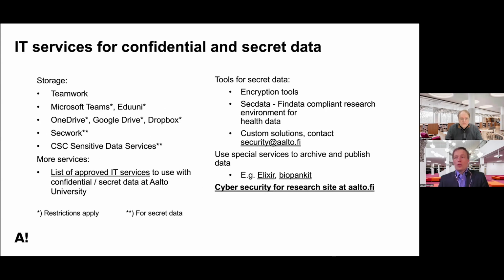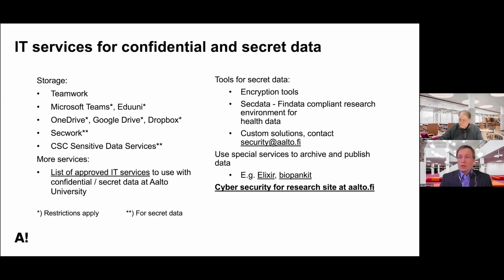So what can we do at Aalto if we are dealing with confidential and secret data? We have a list maintained by the cybersecurity team of approved IT services that we can use, with each data classification, which services you can use with public, internal, confidential, and secret data, and even some additional requirements you have to follow if you process confidential or secret data within them.